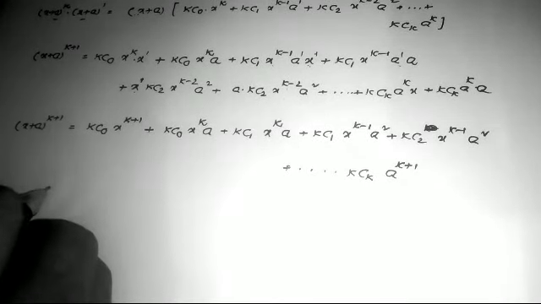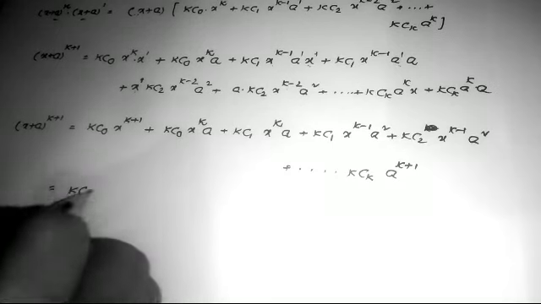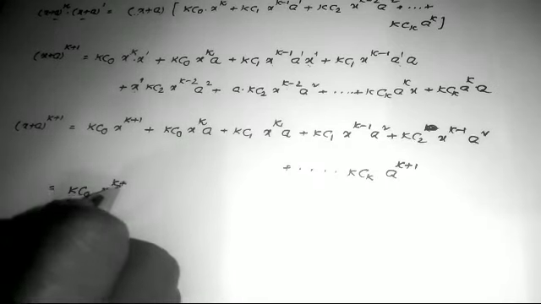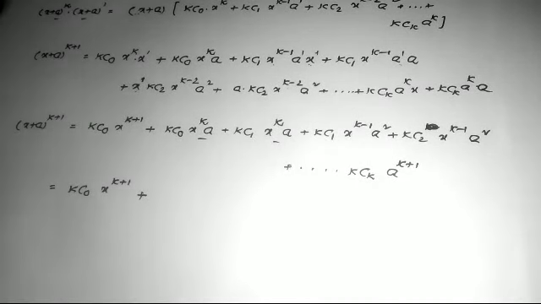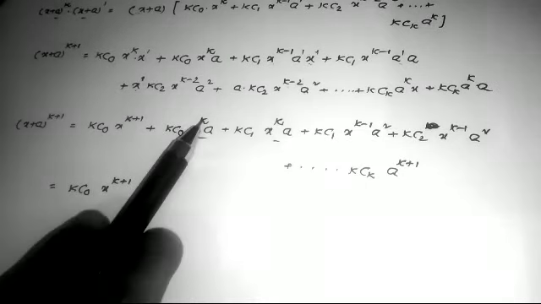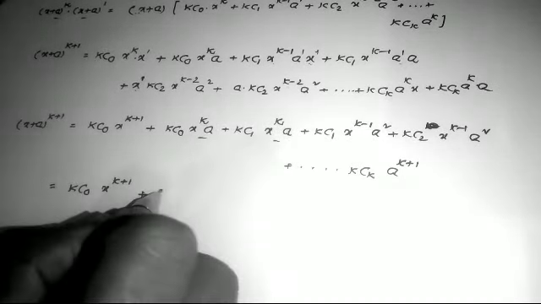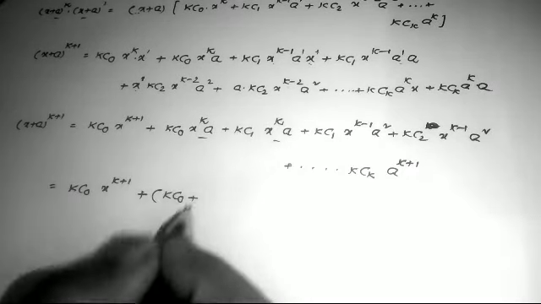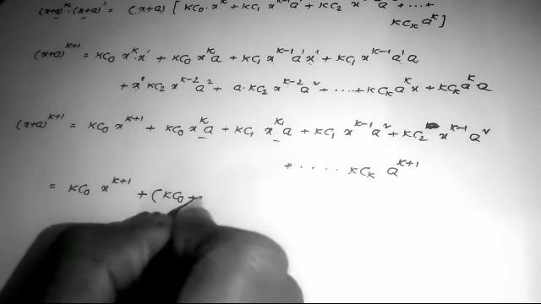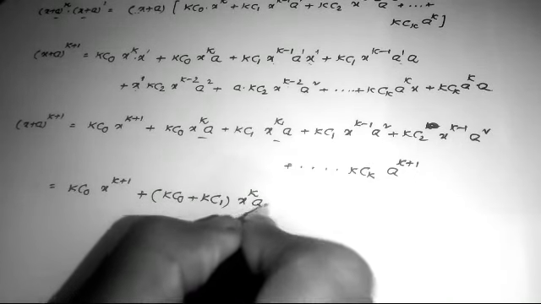So this is equal to kC0 into x^(k+1). Plus, from the second and third terms, what do we take common here? x^k into a. In the second and third values we have x^k into a common. So take that value common, then what will be the remaining values? kC0 plus kC1 into x^k into a.